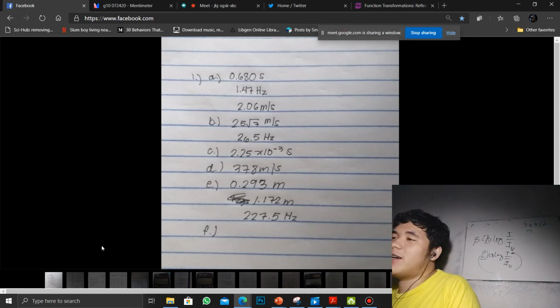Ayun nga, pag nagsasagot sa physics, we don't accept radicals. Gusto pa natin ay simplest form, decimals, no? 806, 26.1, 26.5, 0.25, 370.